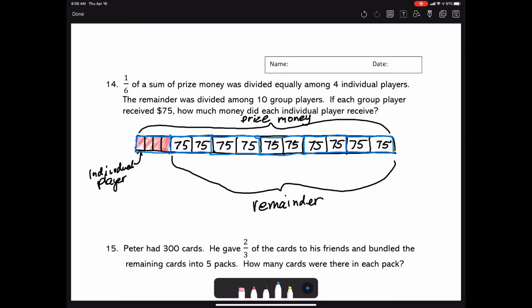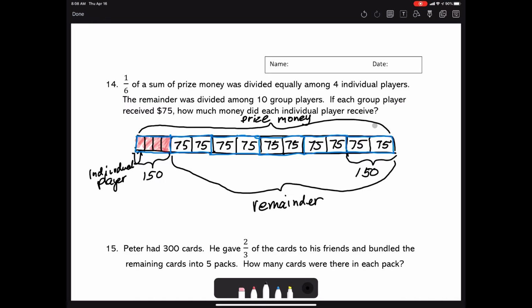So this 6th right here would be the same as this 6th of the total amount. So this 6th over here equals 150, because 75 plus 75 equals 150. So that means that this would also equal 150 over here.